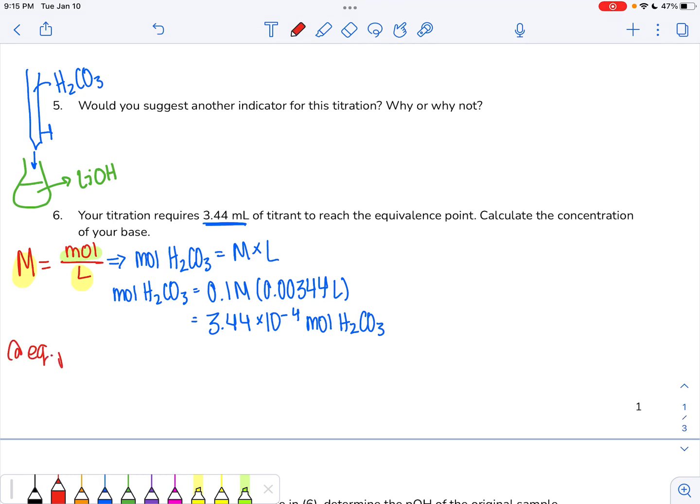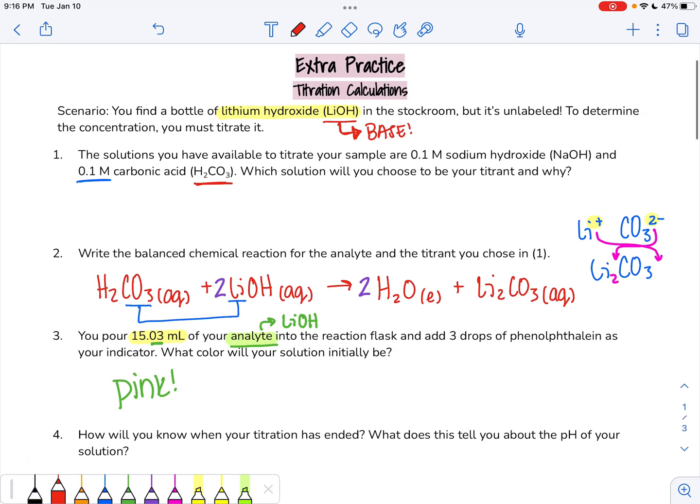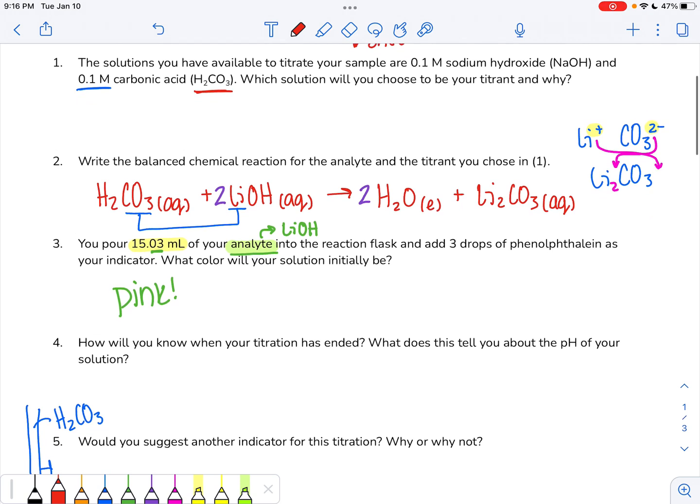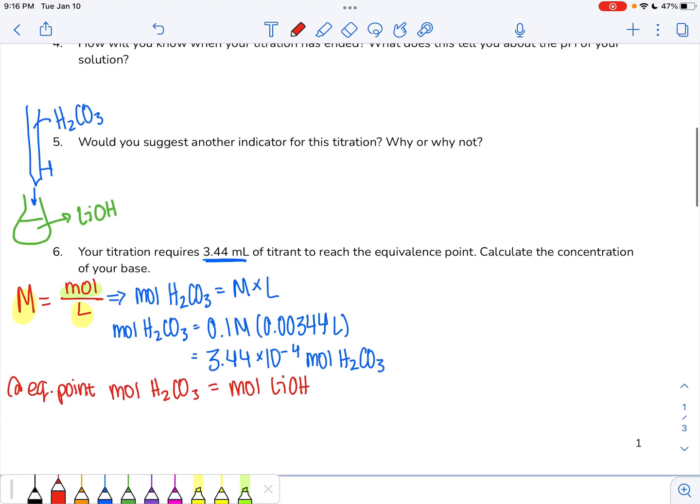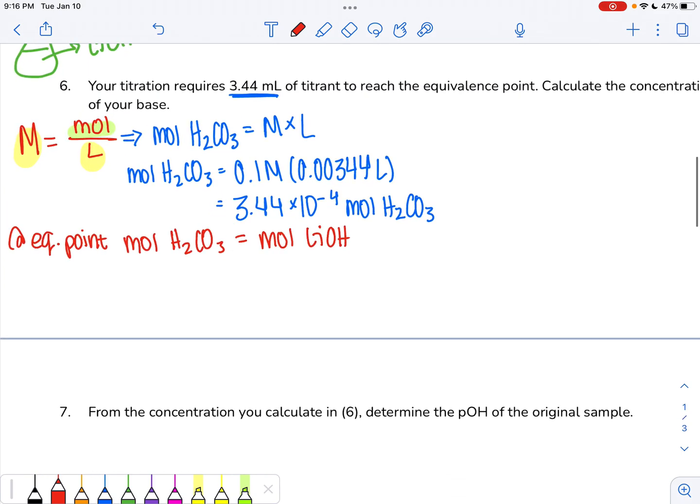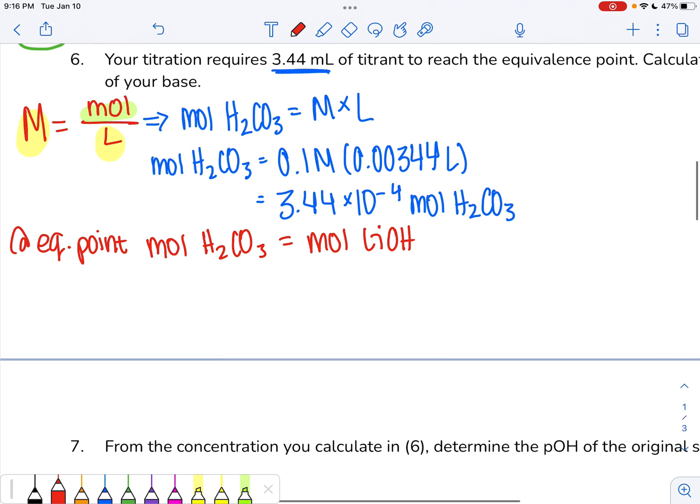At the equivalence point, we know that our moles of carbonic acid added are going to be equal to our moles of the base. But we have to consult the balanced chemical reaction equation for this again. If we look back up here, for every 1 mole of acid we add in, we're reacting with 2 moles of base. So because this isn't a 1-to-1 ratio, we have to do one extra stoichiometric step.